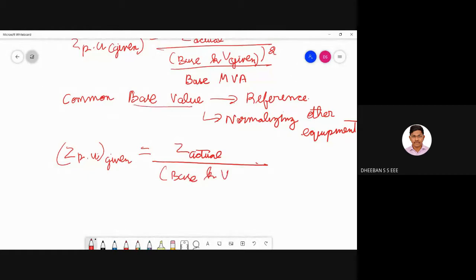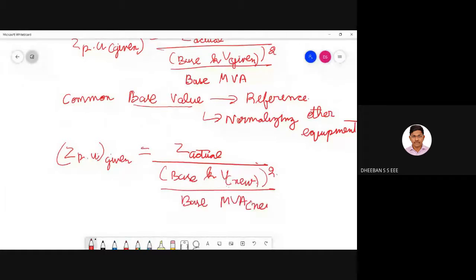So after normalizing, this becomes, for the given new voltage, your new voltage divided by base MVA.